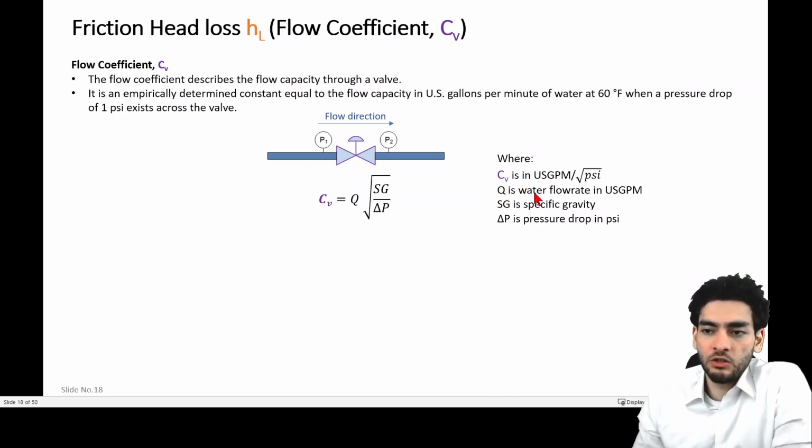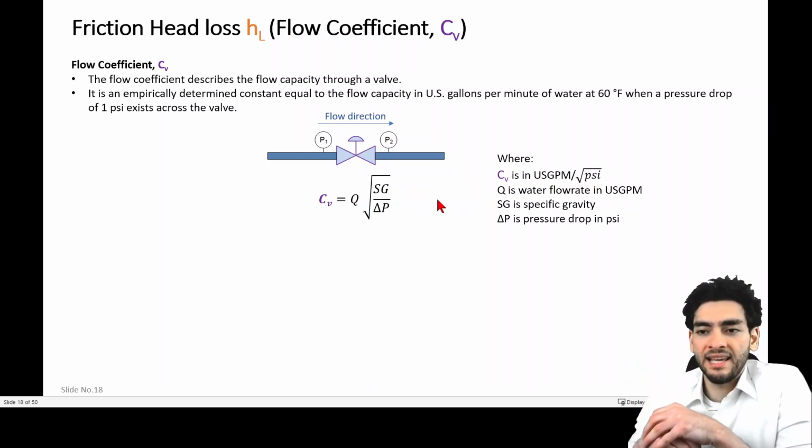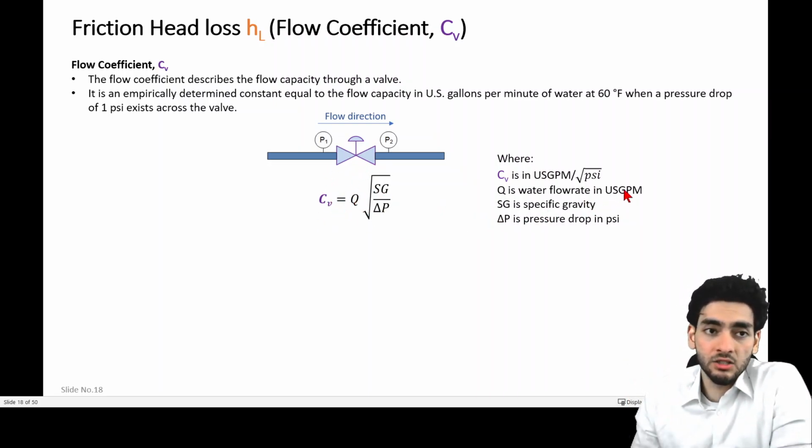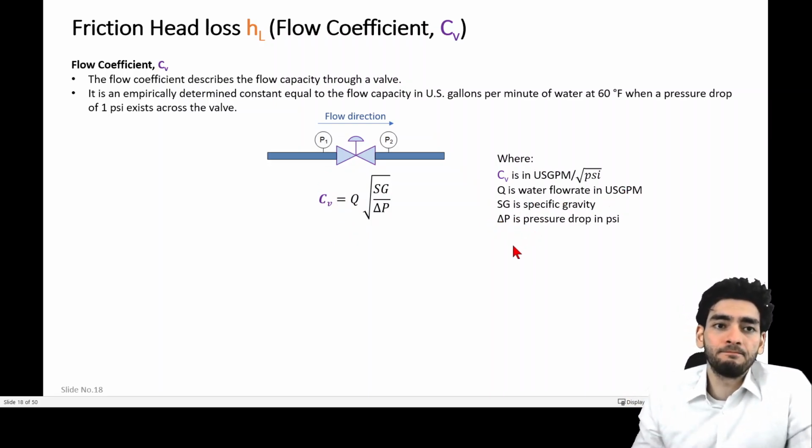And obviously the units for CV would be US gallons per minute per square root of psi, because the specific gravity is unitless, and for water it would be just 1. Q is the water flow rate in US gallons per minute, and the pressure drop is in psi.